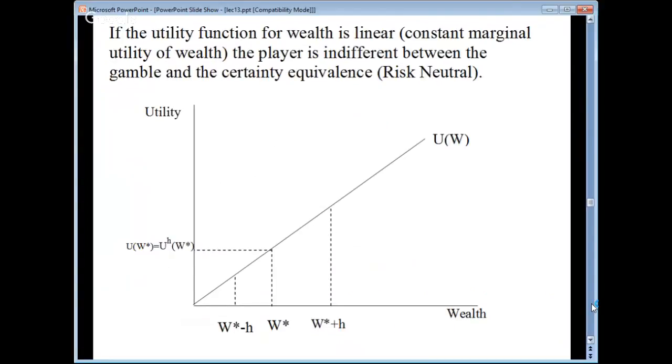And finally, we have somebody who's risk neutral. He doesn't really care if he takes a gamble or not. He's indifferent. That doesn't sound logical to us because, well, why would you take the gamble? But remember, there's the possibility of the good outcome.